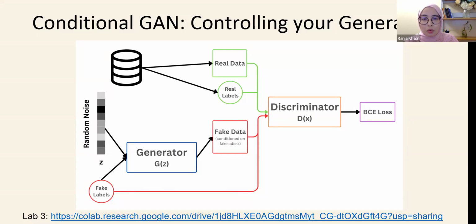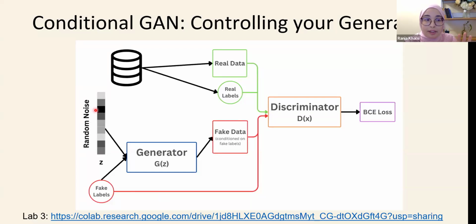So how does conditioning work for our case? Like I mentioned, we use the MNIST dataset, where each image comes with a label from 0 to 9, because we have 10 digits. During generation, we still sample the usual random noise.